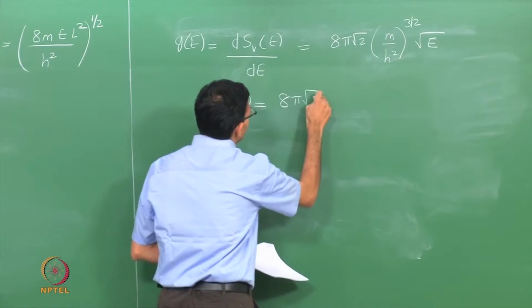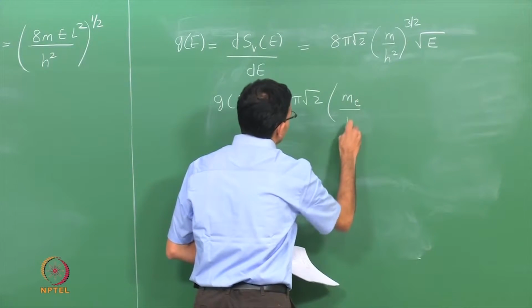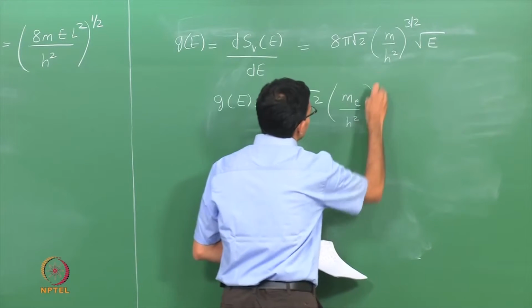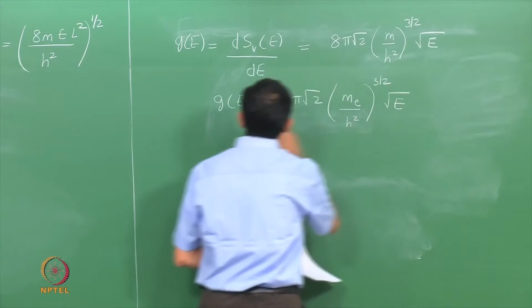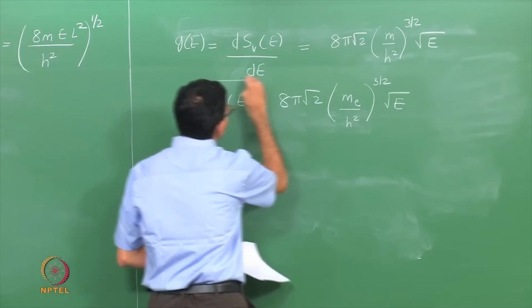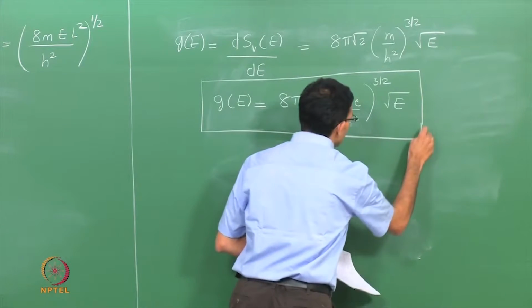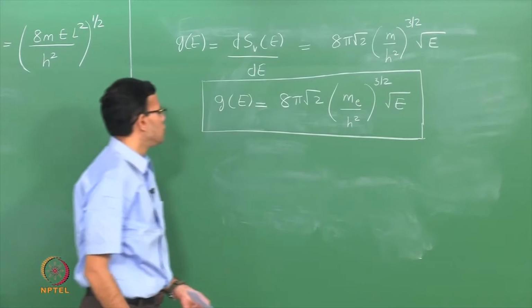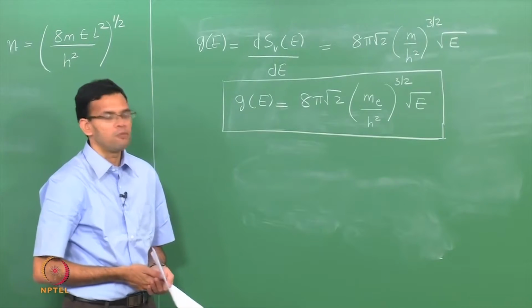It's 8 pi root 2. So, this is the expression for the density of states for electrons in a 3D solid with a uniform potential.